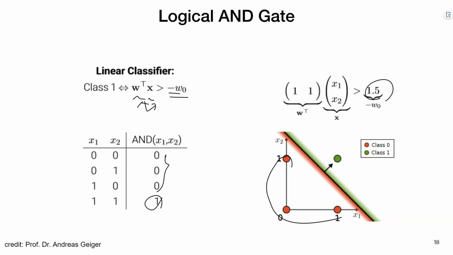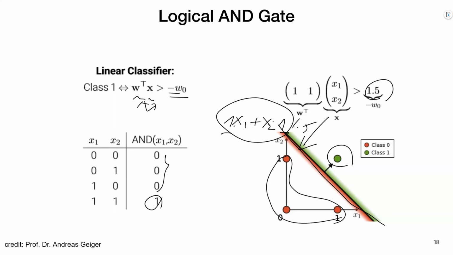And what you need to do is distinguish these 3 points from this one. To do so, you need to draw a line that looks like this. And you can perfectly model this line using this relation. So x1 plus x2 and 1.5. Here you are multiplying 1 and 1 here. And compare this value with 1.5.